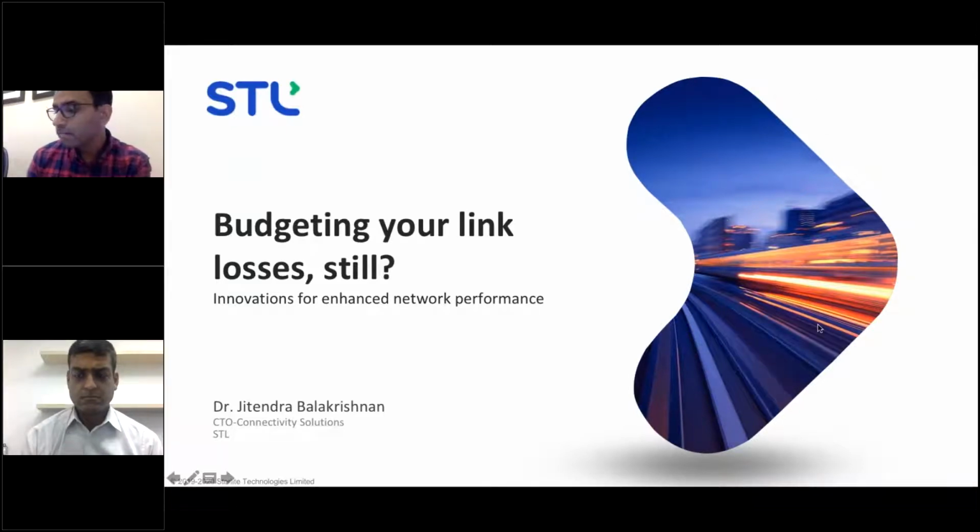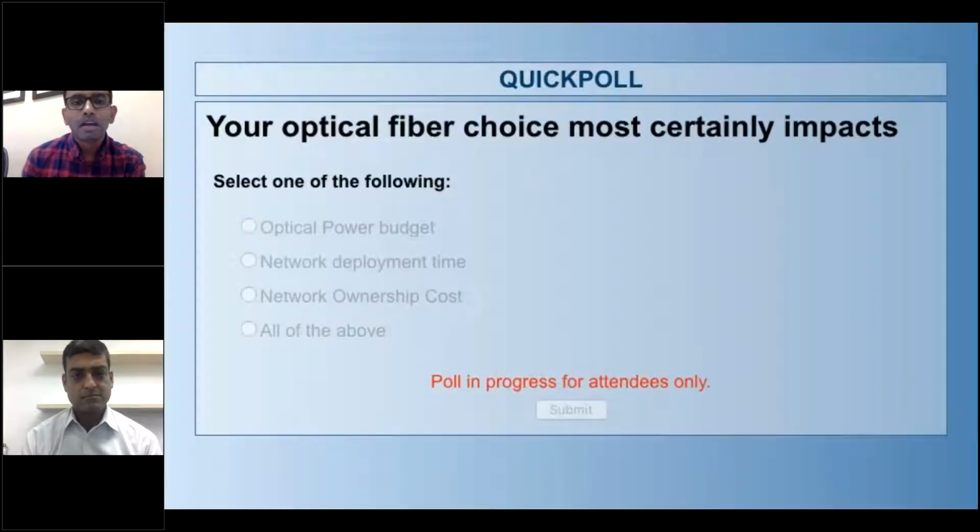Before we begin, I guess we have a small poll. So we'll quickly get to the poll, and then from there Jitendra can take it over. So I guess you can see the poll on your screens now. The question is, your optical fiber choice most certainly impacts what?